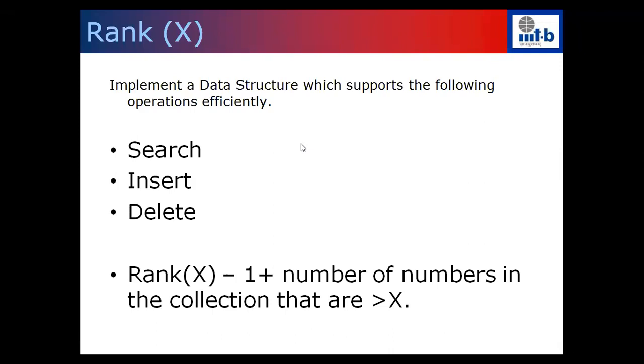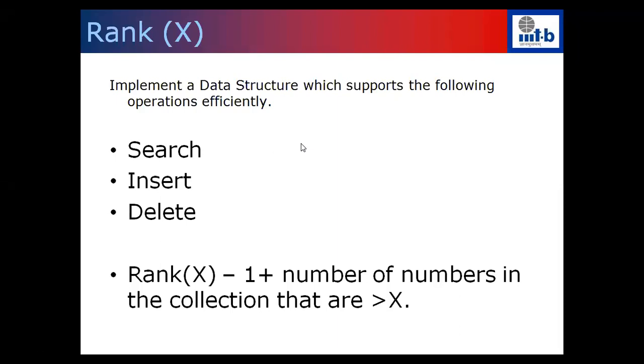In addition, given an x, we want to know the rank of x, the number of elements which are bigger than x in this collection. As the set changes, the rank of a particular number will keep changing. So at some point of time, among all the numbers in the collection, we want to find the rank of x.